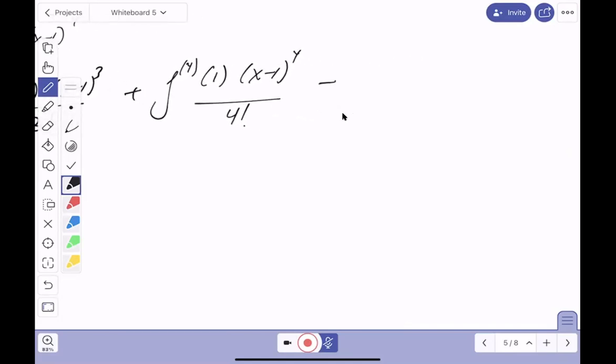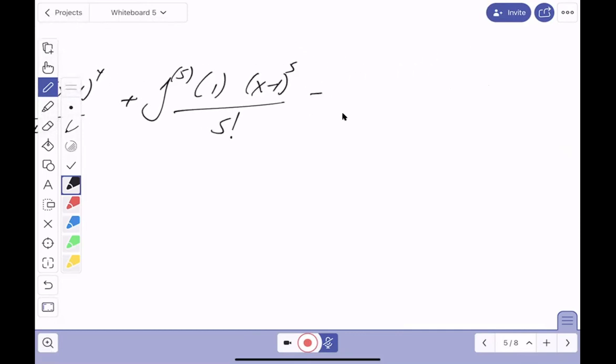One more to go, plus the fifth derivative evaluated at 1 x minus 1 to the fifth power over 5 factorial. This one here is exactly equal to f of x. It's going to be a fifth degree polynomial.